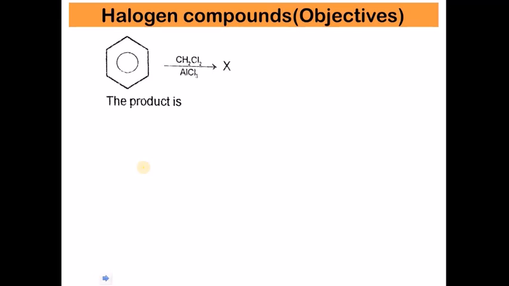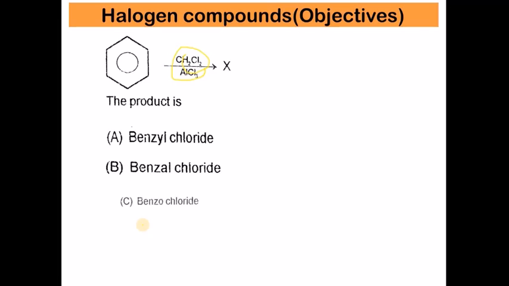See, they have given a benzene ring in the presence of methylene chloride and aluminum chloride. As you know, aluminum chloride means it is a Friedel-Crafts process. So we have to find what X is in the reaction.